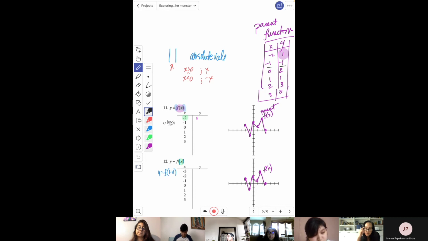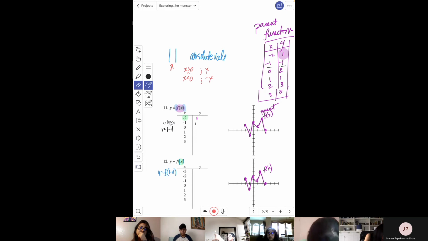Ariana, does that make sense? Okay, so then all I have to do is take the absolute value of -1. What's the absolute value of -1? 1. So if you notice, all you really are having to do is you're just looking at these output values and you're taking the absolute value of them.